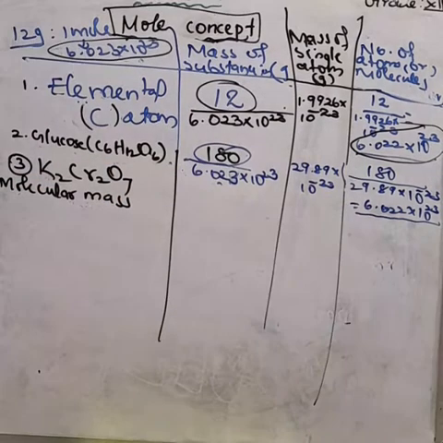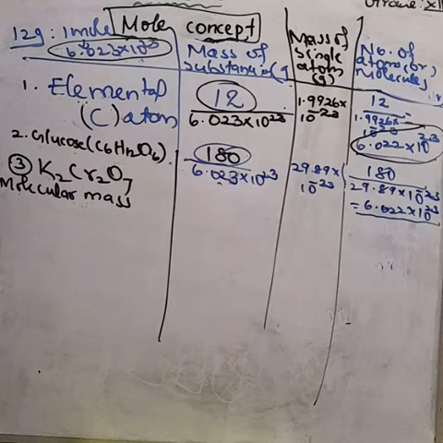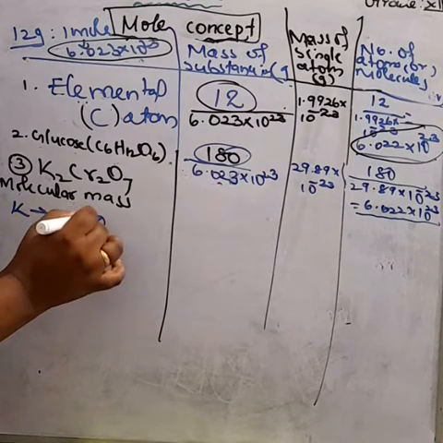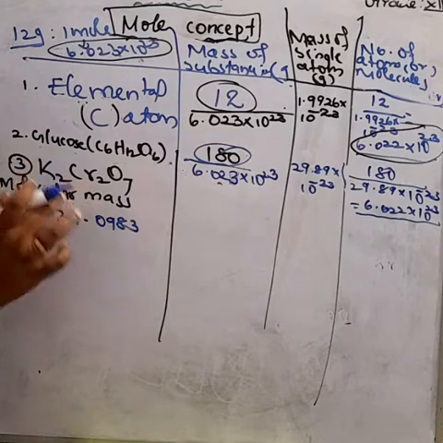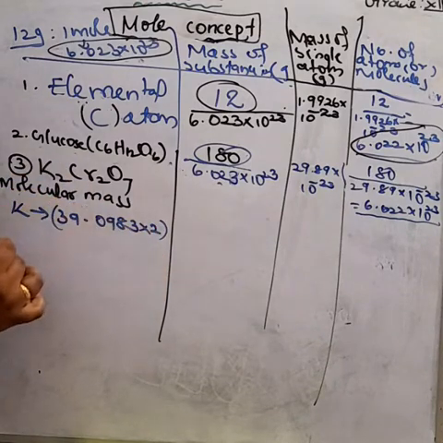To calculate it, we should know the atomic mass of the individual atoms. So here potassium, the atomic mass is 39.0983, into how many potassium atoms? 2.